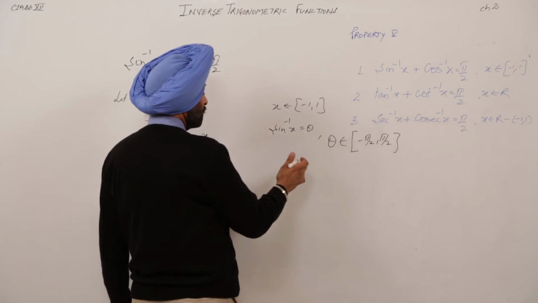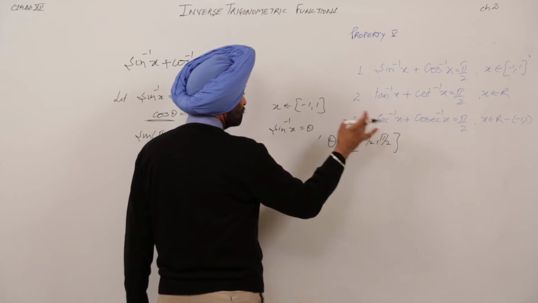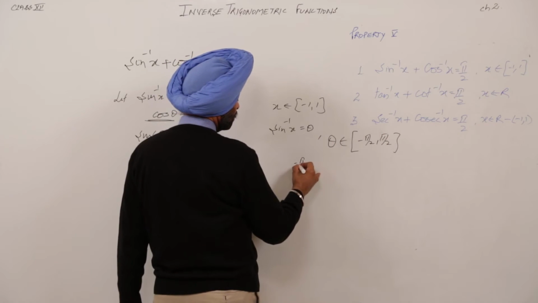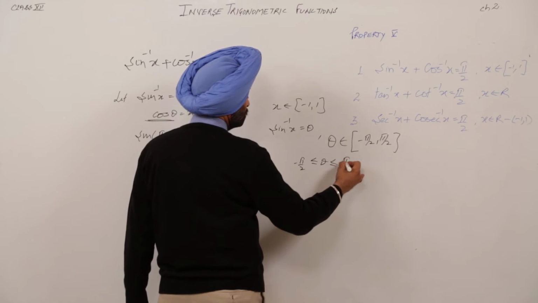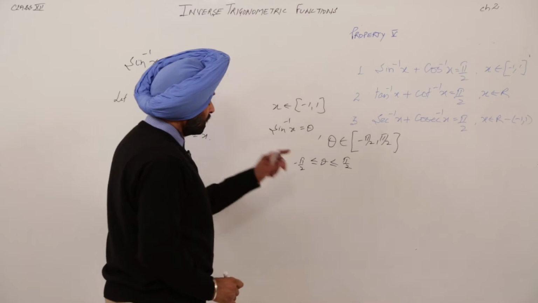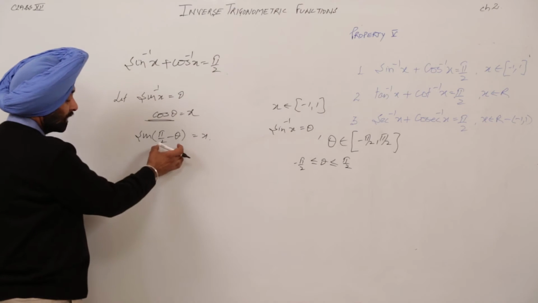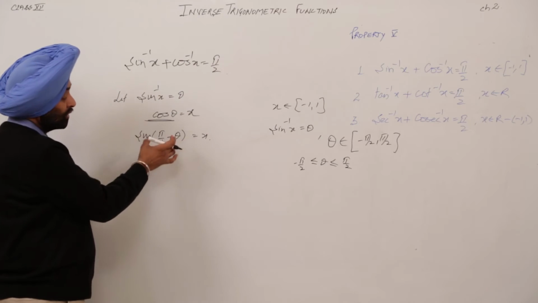Now let's do it. According to this, we have minus pi by 2 is less than or equal to theta is less than or equal to pi by 2. Now in the middle, in place of theta, I want the whole angle pi by 2 minus theta.